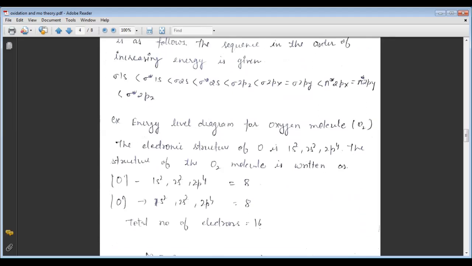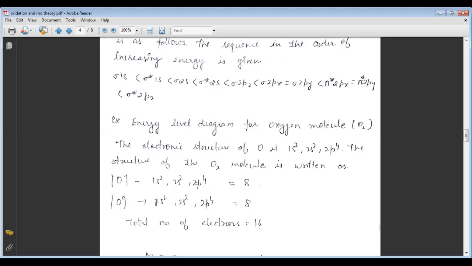First of all, we can see there is sigma 1s and then sigma star 1s. Sigma represents the bonding molecular orbital, and sigma star means the anti-bonding molecular orbital. And then sigma 2s, sigma star 2s, then sigma 2pz and pi 2px, pi 2py, which have the same energy level.